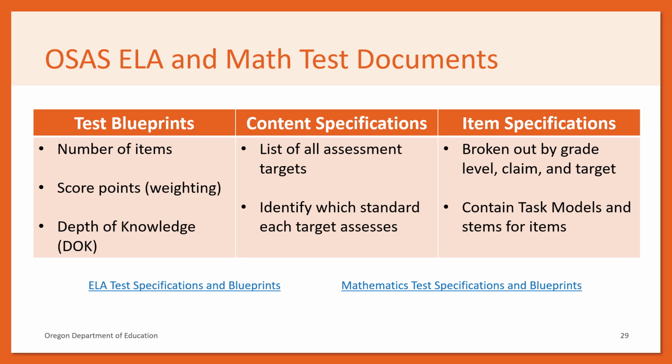Content specifications list all assessment targets within each claim, as well as the ELA or math standards aligned with those targets. Finally, item specifications provide task models and appropriate stems for each item type, and are broken out by grade level, claim, and target.